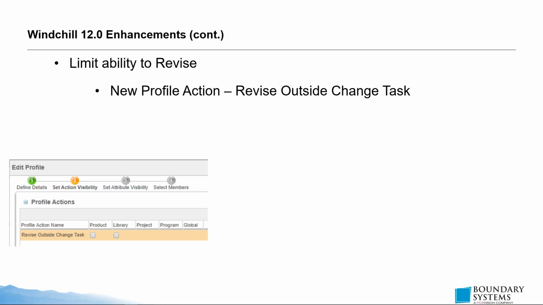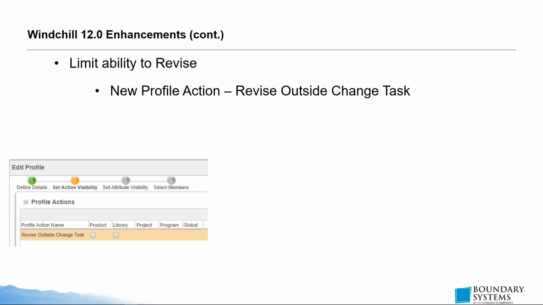So when I'm inside of the change notice and I'm specifying the change task information or the files inside of the change notice, there is a revise inside of there. So I can limit it so that's the only place that I can revise. You can also see that I can be specific as far as the product or the library that it's associated with, as well as roles.